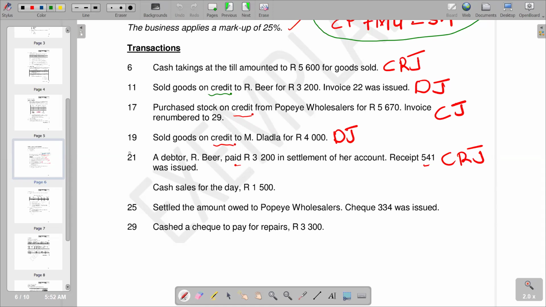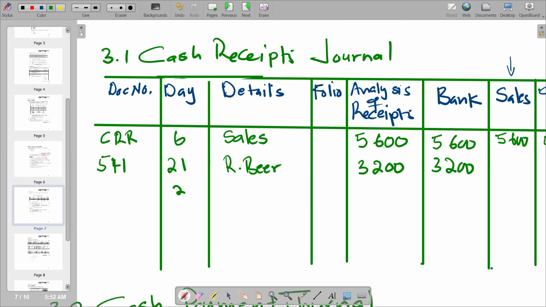So we come here again, we put the same date, 21 again, and obviously the CRR also applies here as the register. In the details we say these are cash sales, so we put sales. The amount that has been received is 1,500, and it also applies in the column for bank.